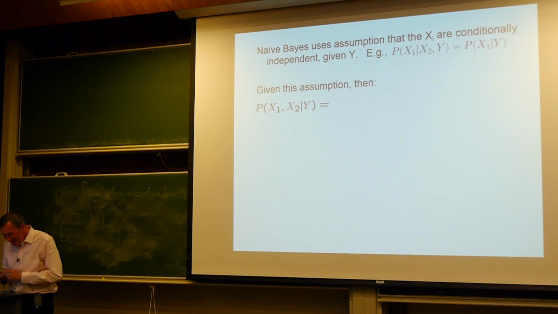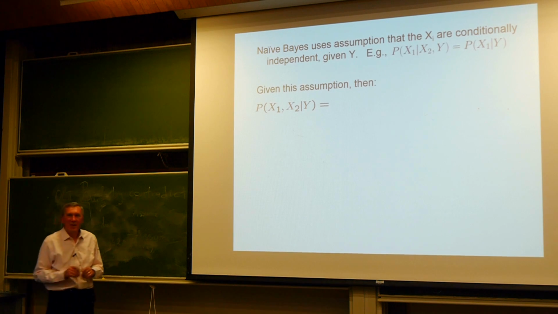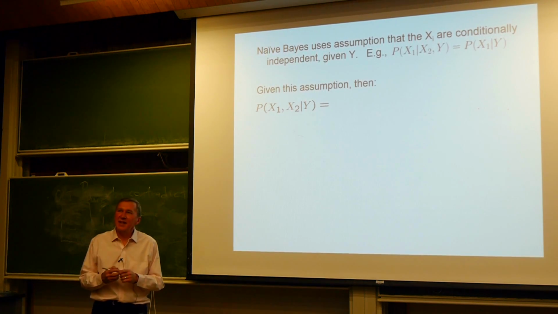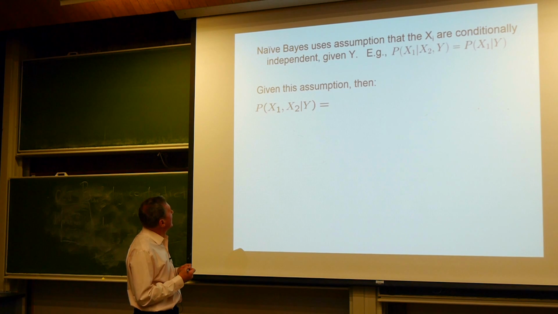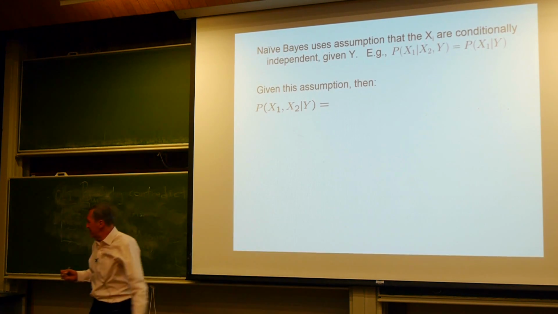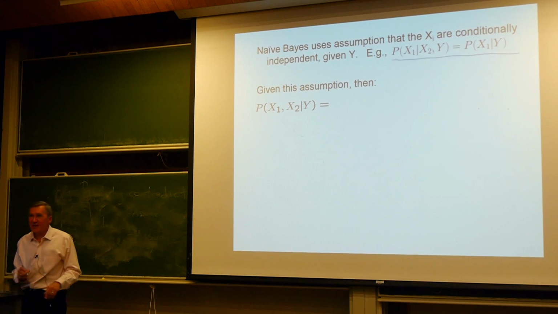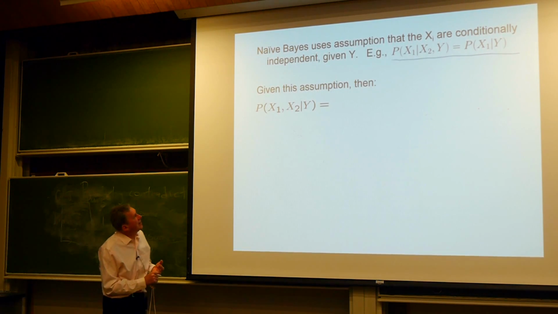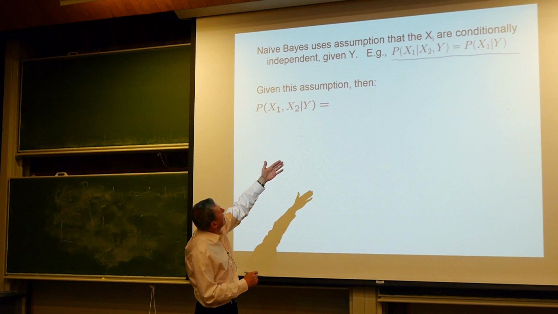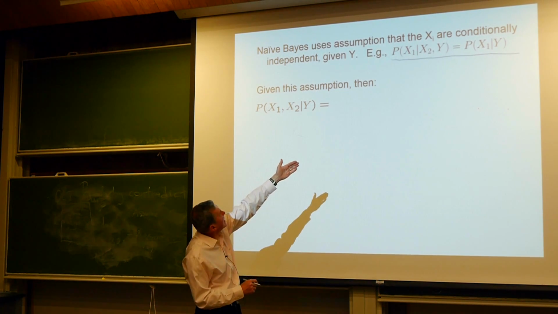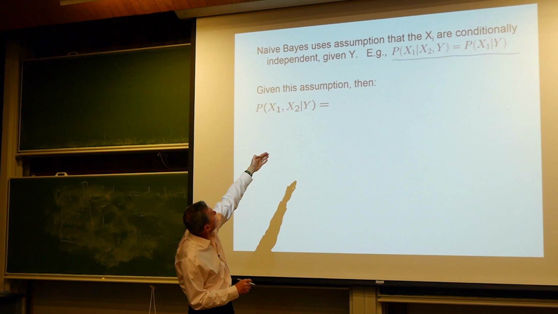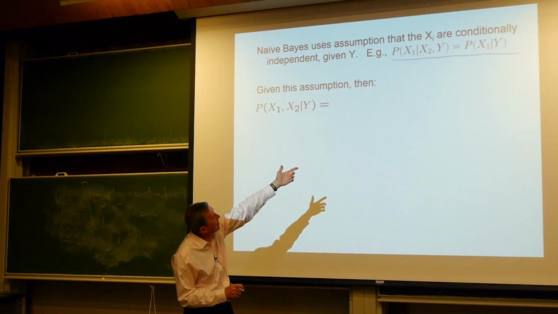So how can we use this conditional independence assumption? Well, there it is. This is our definition of conditional independence. It's what we just wrote down. Here we're saying that x1 is conditionally independent of x2 given y.